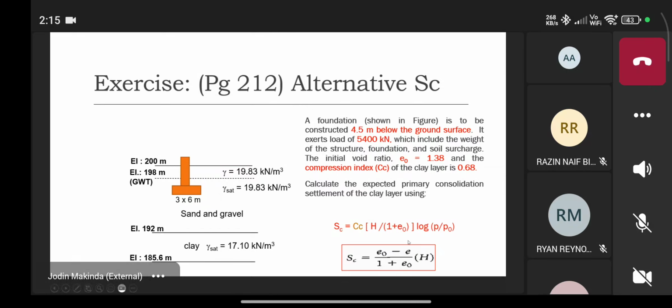All right, now let's look into one example, which is an alternative way to calculate the total settlement.